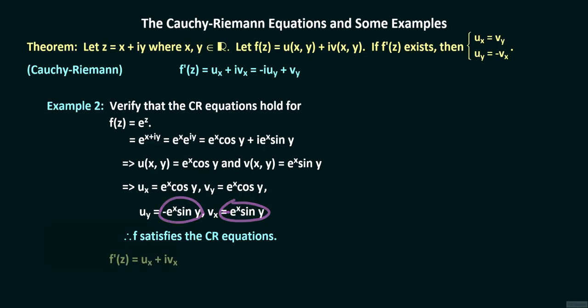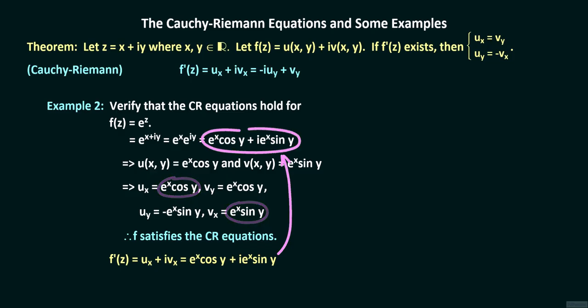Once again, using this formula for f'(z), u_x equals e^x cos y, and v_x equals e^x sin y, so that f'(z) equals e^x cos y plus i e^x sin y, which happens to be e^z, so that the derivative of the exponential function on the complex plane is itself.